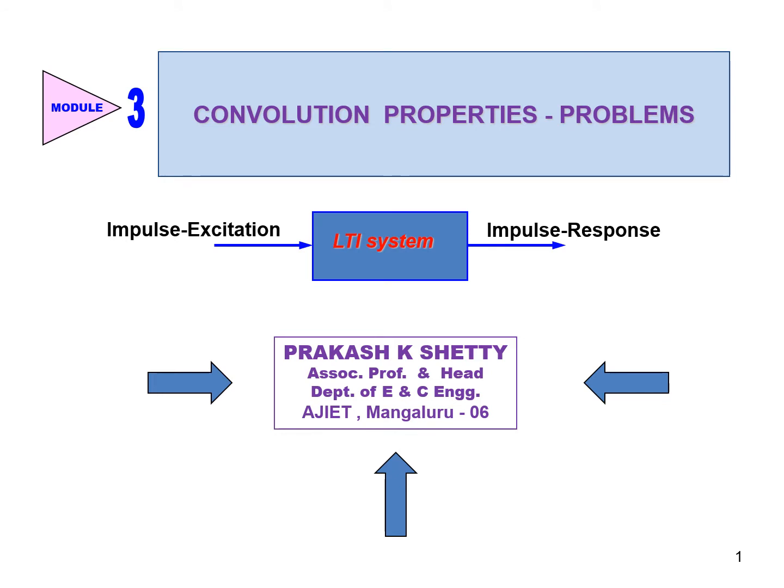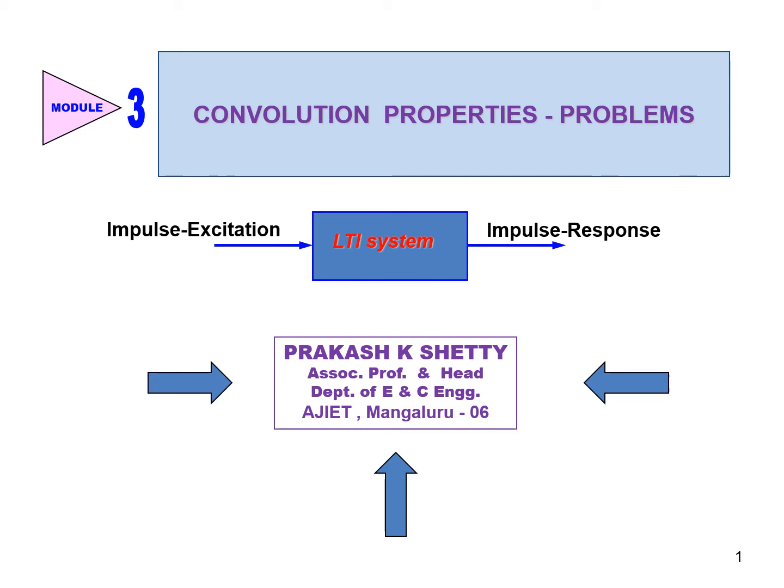In the second video, we extended the study and we saw how to determine the three vital properties of a system, that is memory, causality, and stability, using impulse response representation of a LTI system, both discrete time and continuous time. In the next two videos, we will be applying those techniques what we studied into problem solutions.